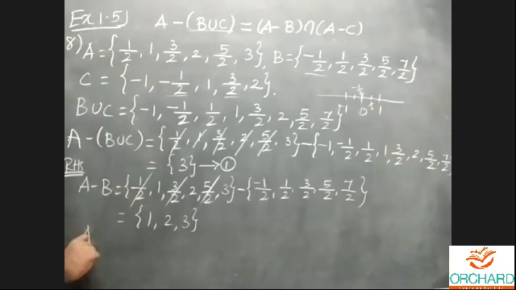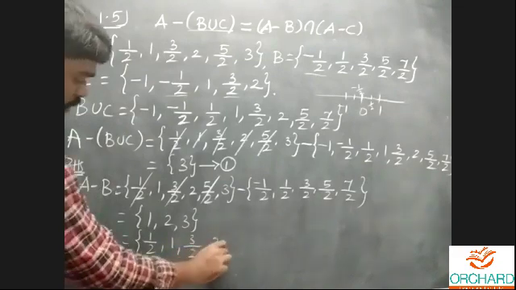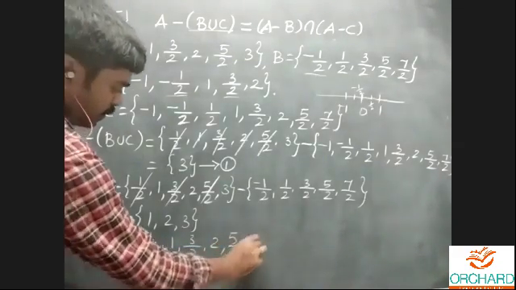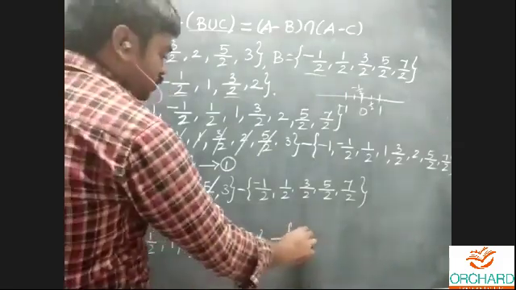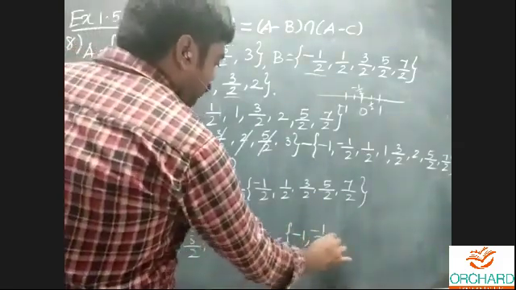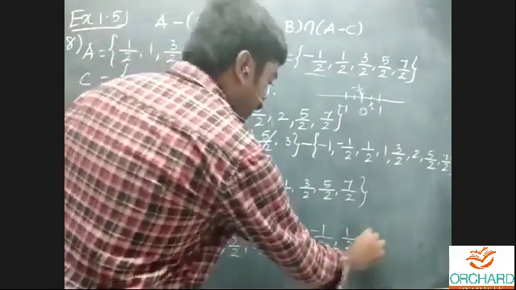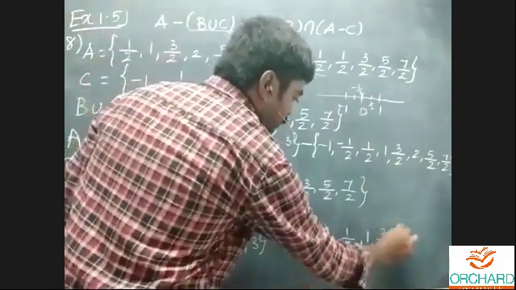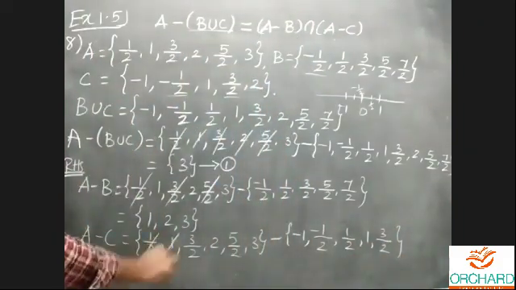Next, A difference C. Once again, write the elements of set A: 1 by 2, 1, 3 by 2, 2, 5 by 2, 3. And difference C. Write down the elements of set C: minus 1, minus 1 by 2, and 1 by 2, 1, 3 by 2. Now we can remove the common elements 1 by 2, 1, 3 by 2.